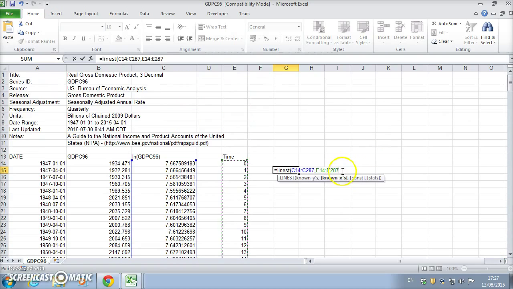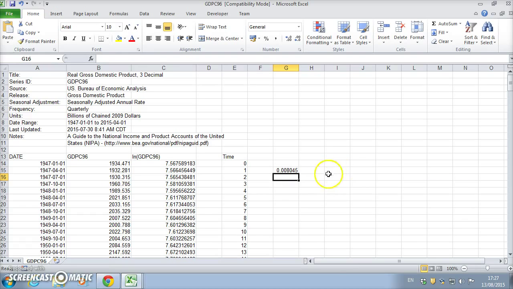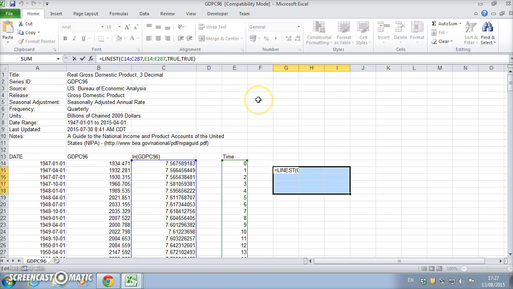And do we want a constant? Yes, we do. And do we want other statistics? Well, for the moment, let's say true. And what we can do is just return, and then to estimate the full regression, we have to set it up as an array of output.